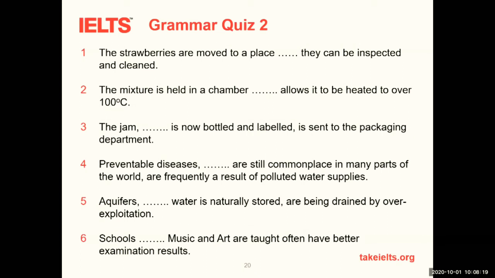So for each one, if you can't see the poll question, then again, write your answers in the chat box. Numbers 1 to 6, are they defining? Just write D. Or are they non-defining? Just write ND. So if you can't see the poll question, write that in the chat box. If you can, I'll give you another couple of minutes. Okay, another couple of minutes.